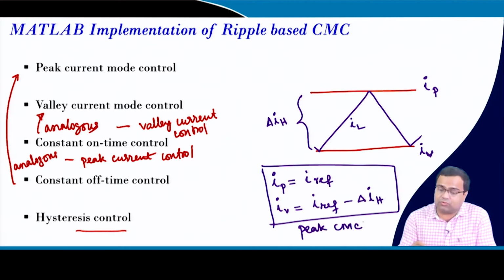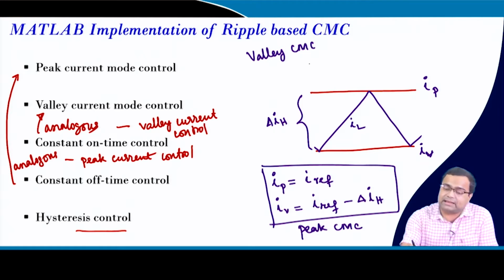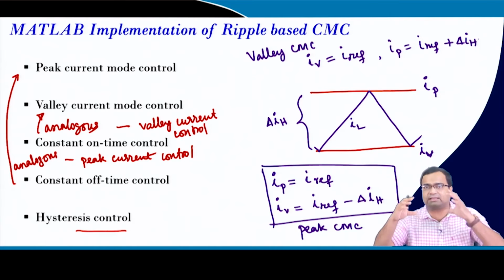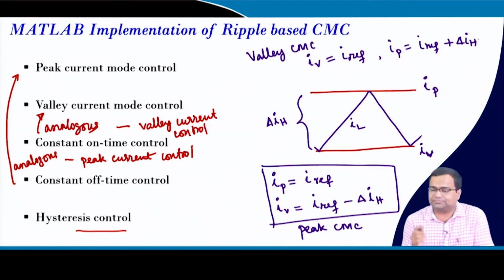Now, if we want valley current mode configuration, we simply set IV to I ref and IP to I ref plus delta IH, just adding the hysteresis band.